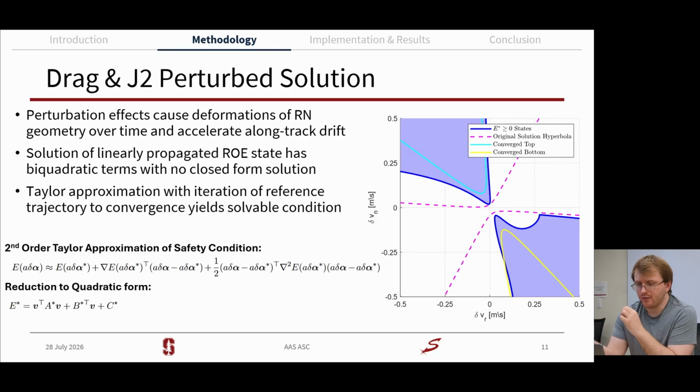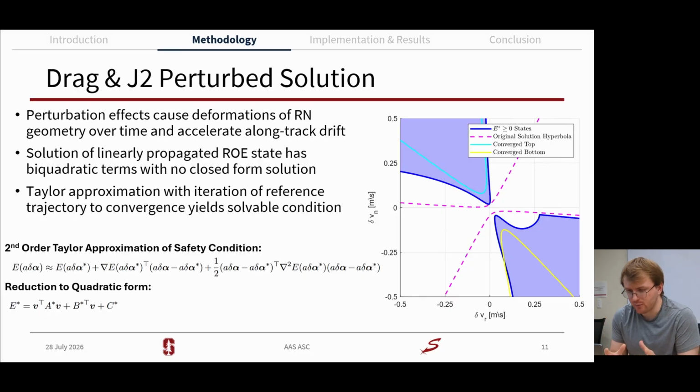This solution is given previously in an unperturbed dynamic state where the RN motion is static. We can incorporate the effects of perturbations using a Taylor expansion of the safe separation equation that I introduced previously around a reference trajectory.